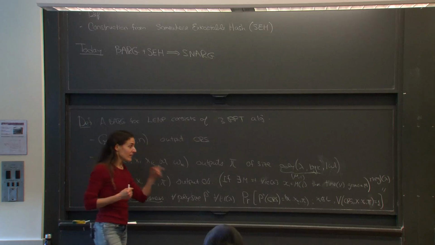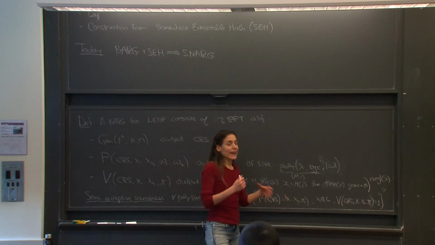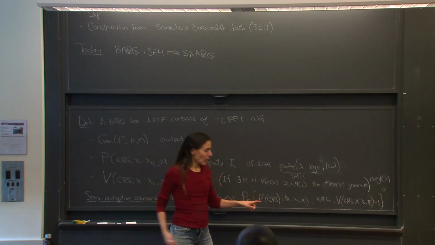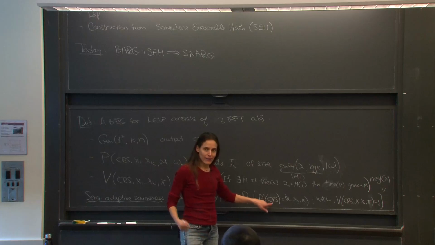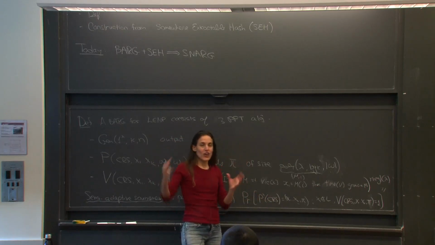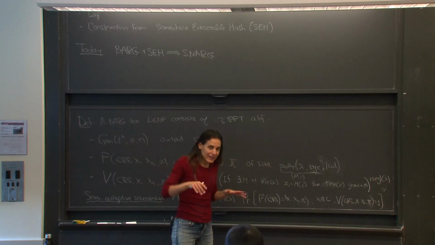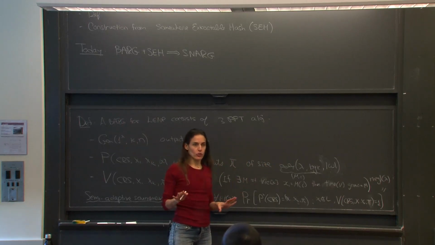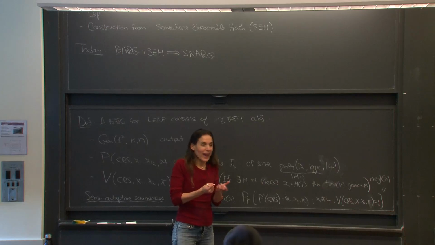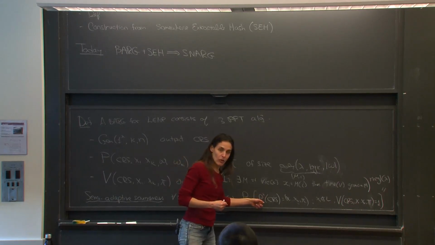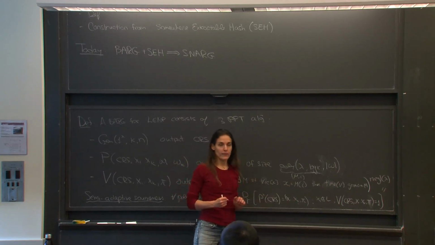I can't extract all the witnesses, but for some I can. I generate a CRS that looks like a standard CRS, but I change the distribution of the CRS such that, using some trapdoor about the CRS, I can extract from P star a witness for xi.